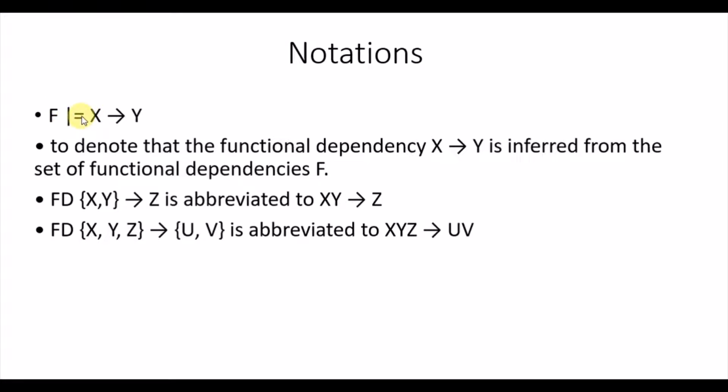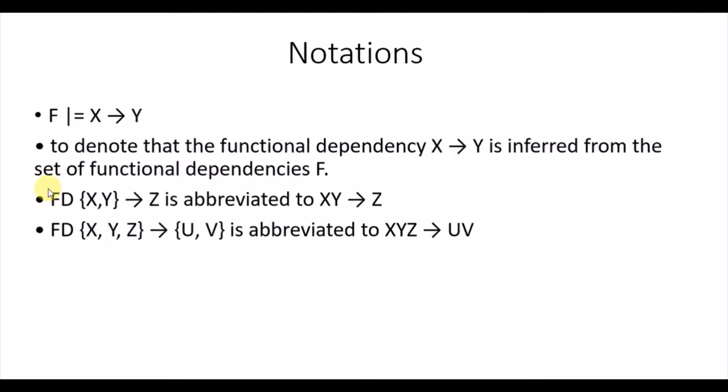So we can say that F implies X to Y, or X to Y is inferred from this F. This is to denote that the functional dependency X to Y is inferred from the set of functional dependencies F.